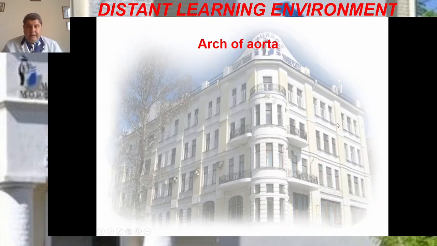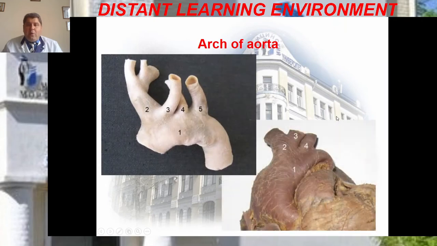So you also may see the variations of origin from aortic arch. On this picture you may see that the branch of subclavian artery, which is called vertebral artery, number 3, starts not from subclavian artery like in usual cases.